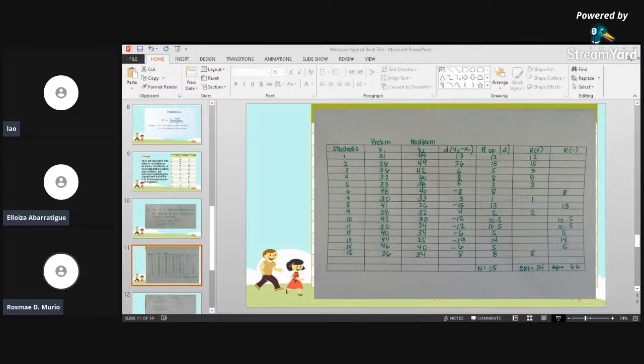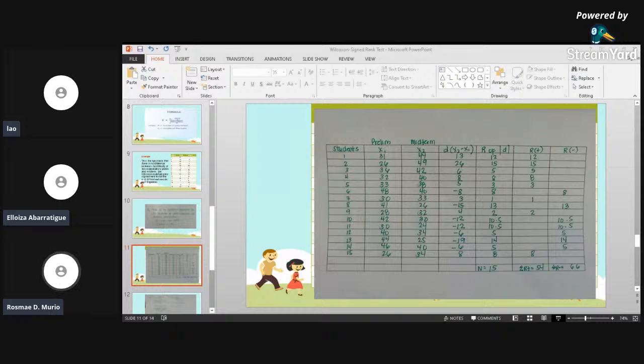So next po, let's proceed to the next column po, which is the D. The D is X sub 2 minus X sub 1. So how do we get the X sub 2 minus X sub 1?